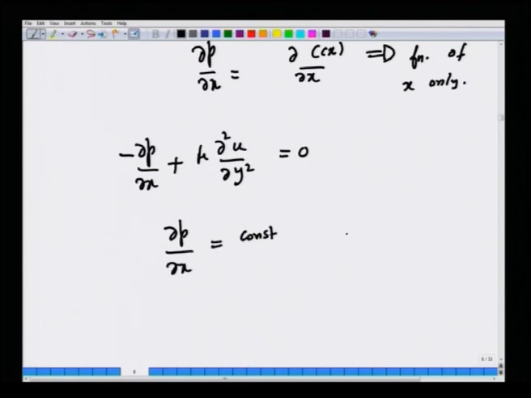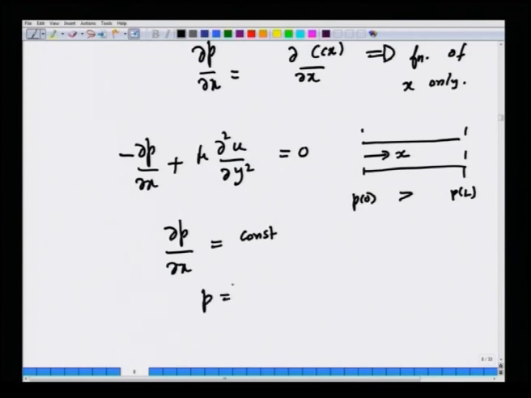Now, what that constant is comes from the physics of the flow. The flow is in the plus x direction. So, that means that the pressure at 0 must be greater than the pressure at L. If partial p partial x is a constant, that means p is a linear function of x.